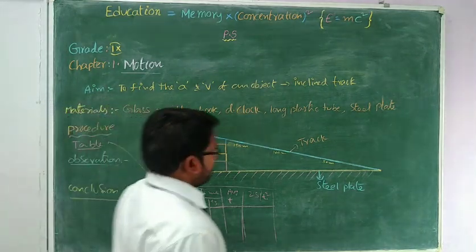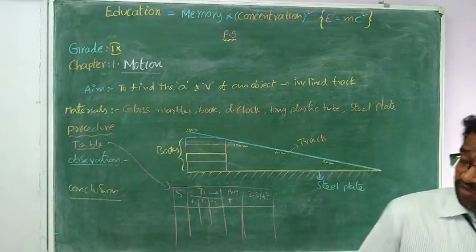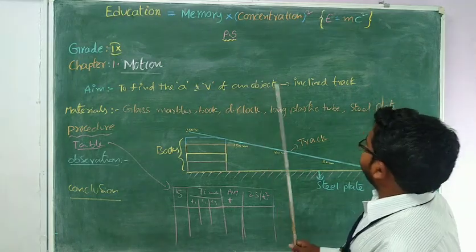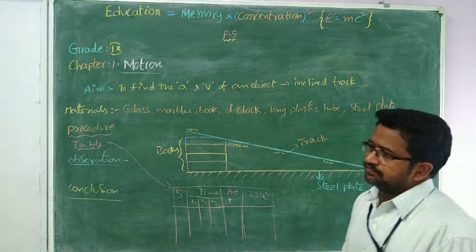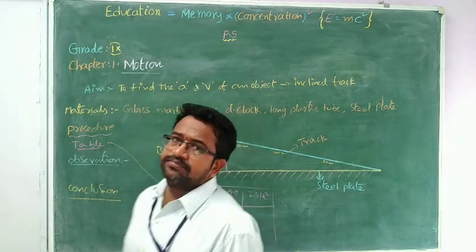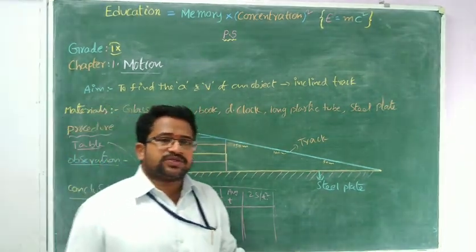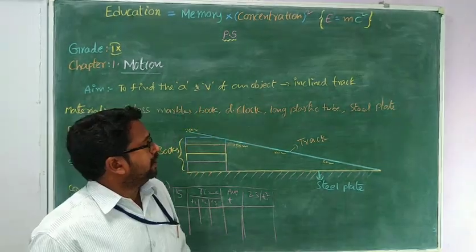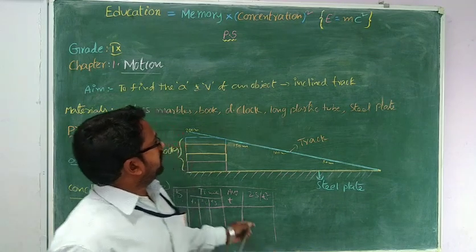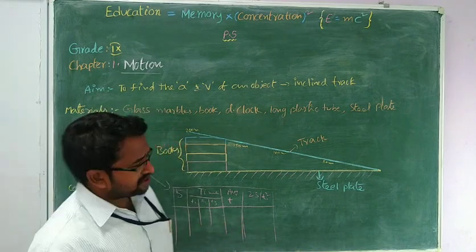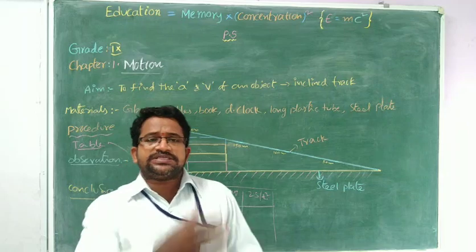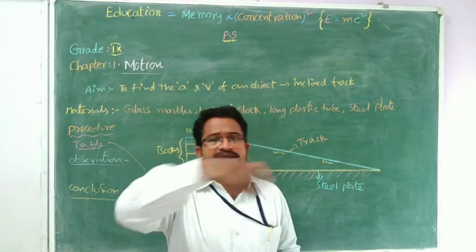Find the acceleration or velocity of an object on an inclined track. That is our aim. Write an activity regarding the acceleration or velocity of an object which is on an inclined track.